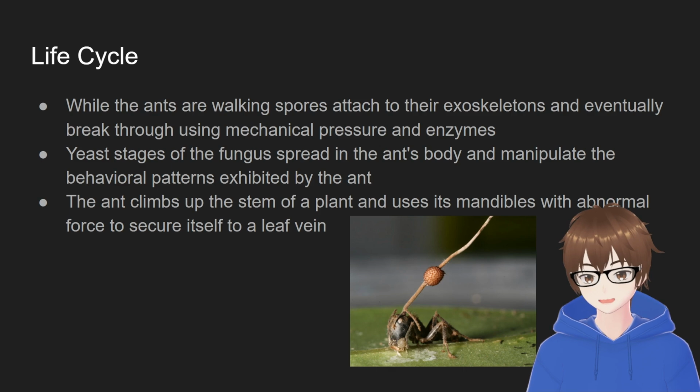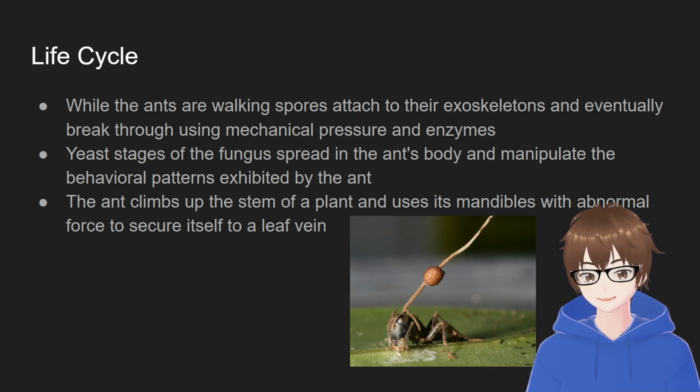But the spores go through a yeast phase, or a yeast stage, of the fungi where it spreads in the ant's body and manipulates the behavioral pattern exhibited by the ants. So that's why we call them zombie ants, because the fungi take control of the ant and make it move in whatever way it wants the ant to.